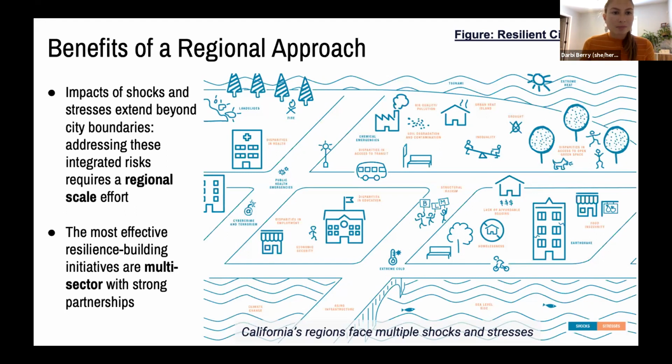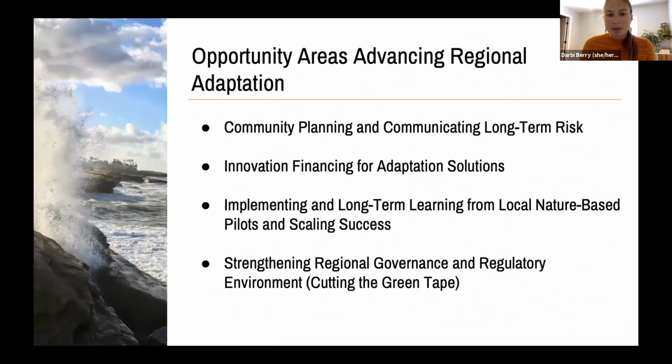Next slide, please. And so, some of these opportunity areas that we're taking head on right now as an agency are community planning and communicating long-term risk. We're working on a grant right now to create a toolkit specifically for our community leaders, our elected officials, in understanding the cost of inaction, and why that big ticket price tag on adaptation projects is actually a really inexpensive one when you think about the cost of inaction in the long term on the impacts on our communities.